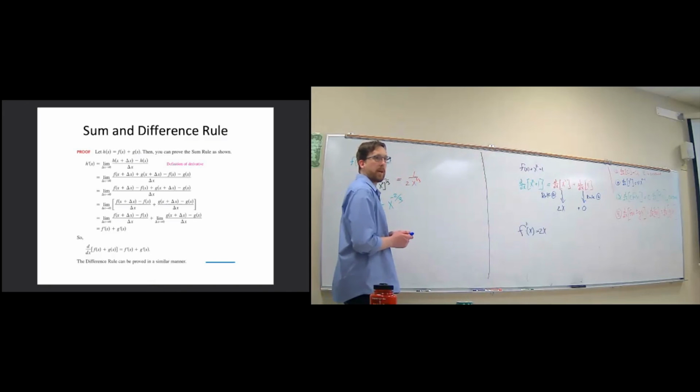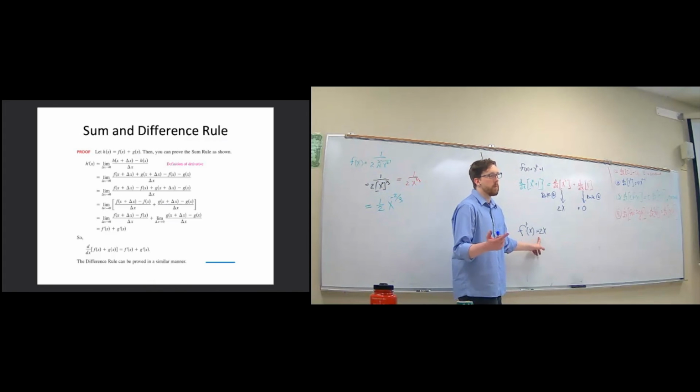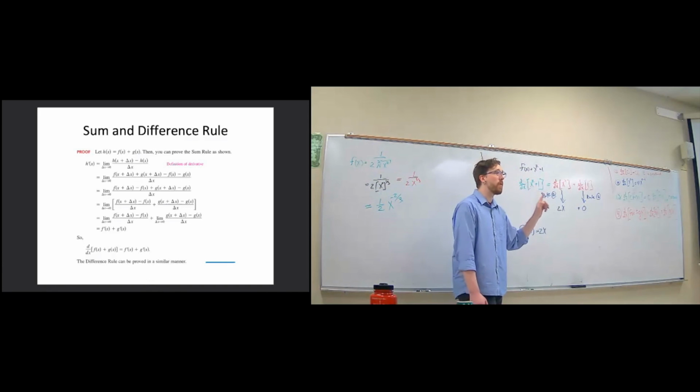Now notice something here. This is exactly the same derivative as the derivative of x squared. I point this out because let's say down the road, because we will, we want to go back from the derivative to the original function. Notice we can't necessarily do that because more than one function has this as a derivative.